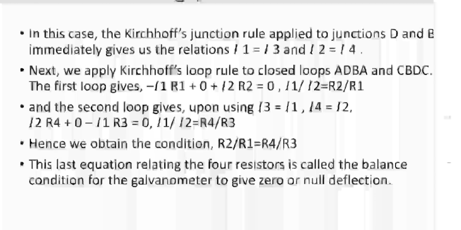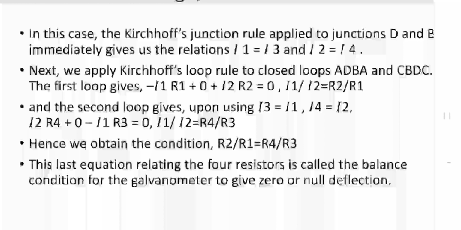So I1 by I2 equals R4 by R3. Above we obtained I1 by I2 equals R2 by R1. So we can equate I1 by I2 and we have the equation R2 by R1 equals R4 by R3. This is the balance condition for the bridge with Ig equal to 0.